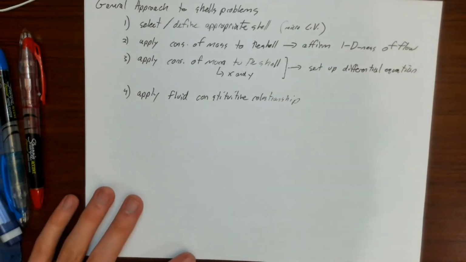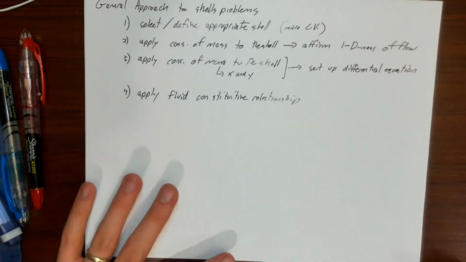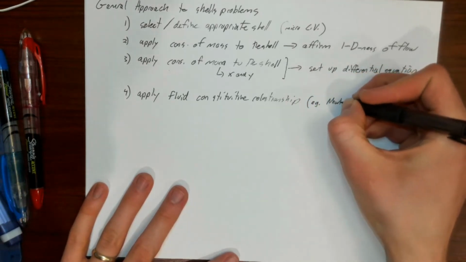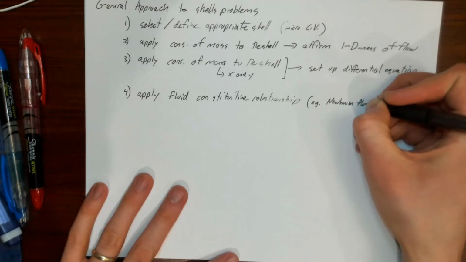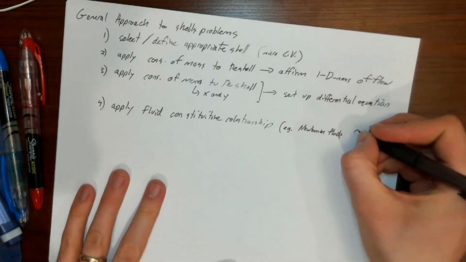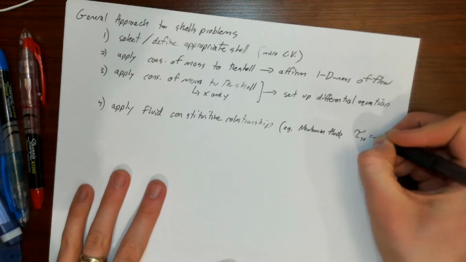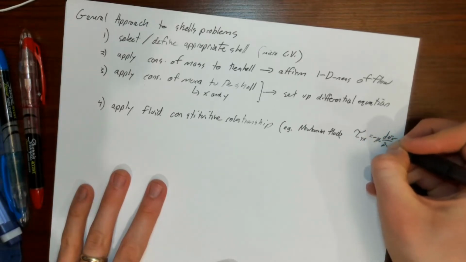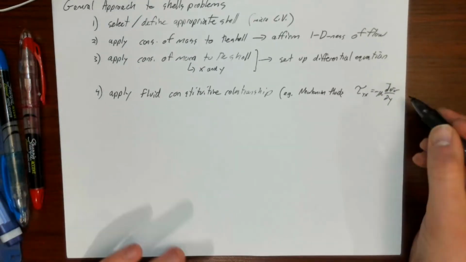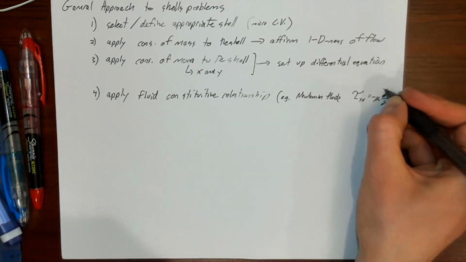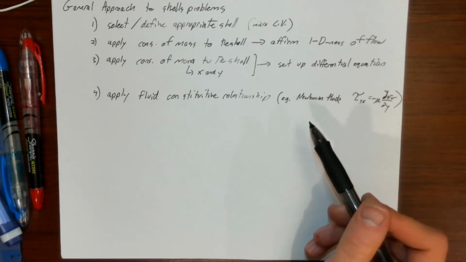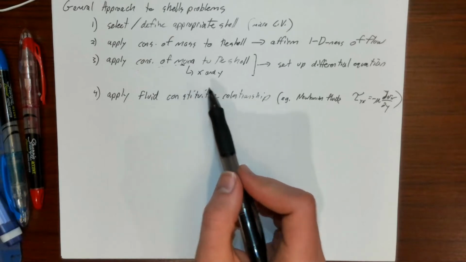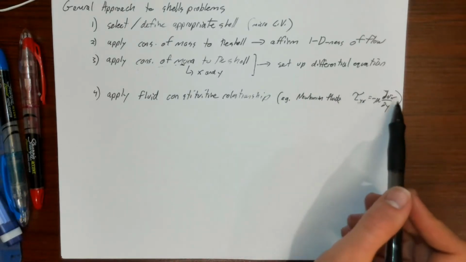What do I mean by constitutive relationship? For example, for Newtonian fluids, it was tau yx is equal to minus mu d vx dy. So with this constitutive relationship right here, the momentum balance will essentially rope in shear stress into this equation, and then we'll relate shear stress to velocities.